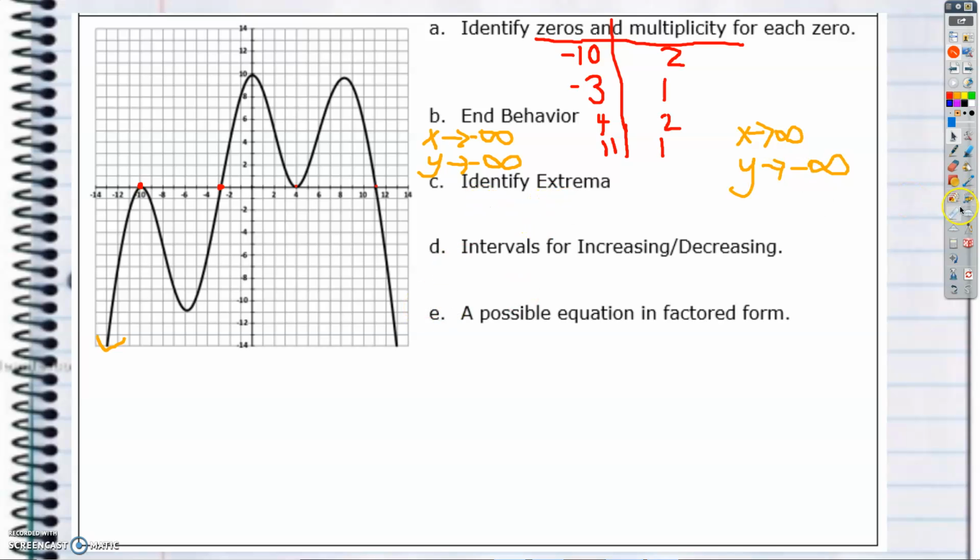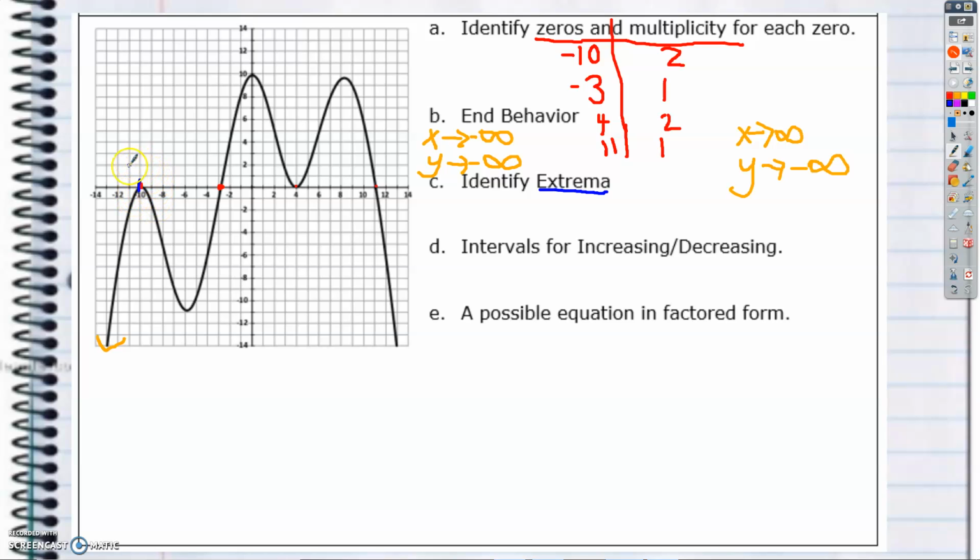And then extrema. Remember, we could have 4 different types of extrema. We could have a relative min, relative max, absolute min, absolute max. So for extrema, I'm going to look for the highest and the lowest points, or the curves, or where it changes directions. And here is my first curve right here.